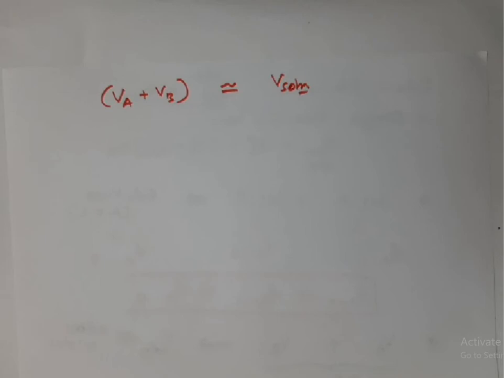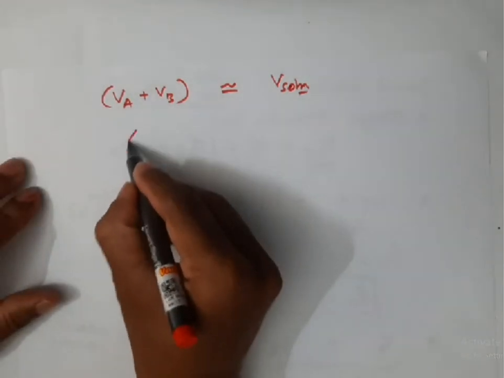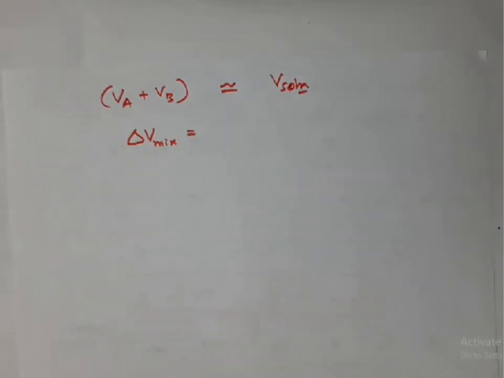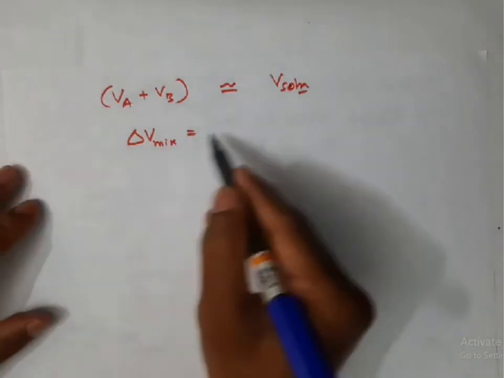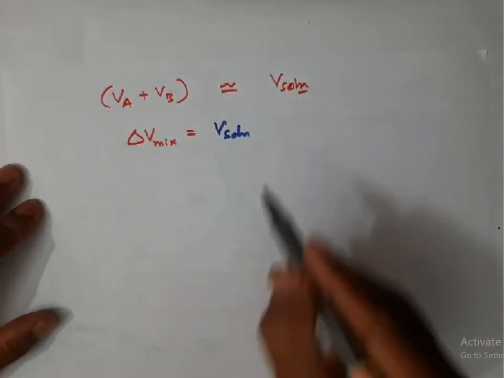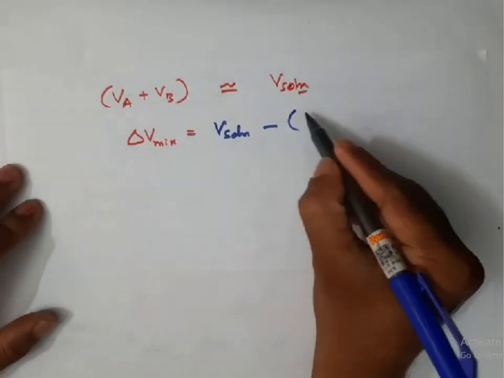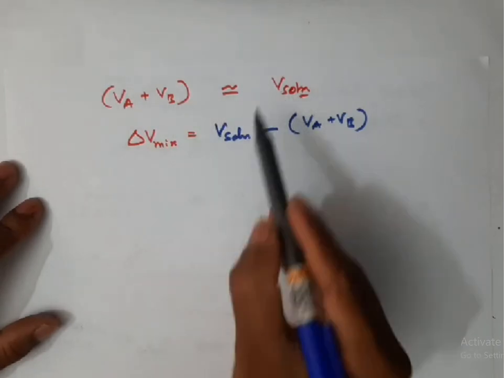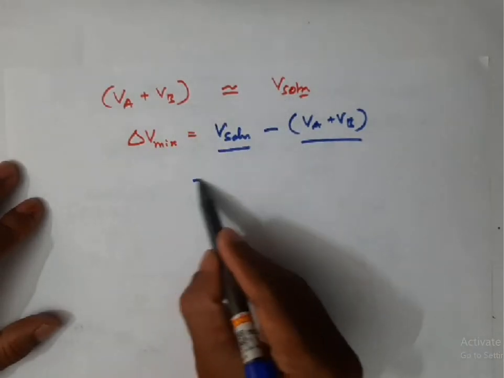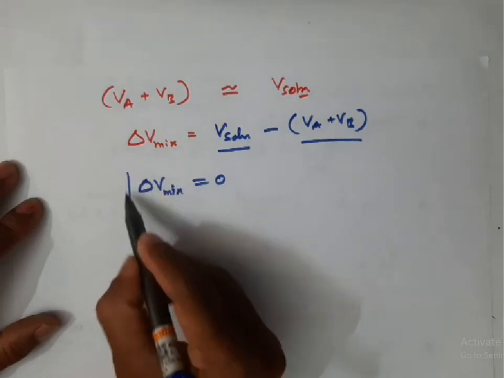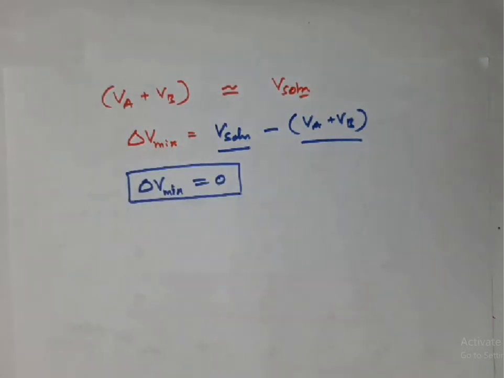So in ideal solution, delta V mixing, what is delta V mixing? Delta V mixing means total volume after mixing, V solution, minus total volume before mixing, VA plus VB. Since these two are equal, delta V mixing is 0. Students, note this down, this is very important. For ideal solution, delta V mixing is 0.